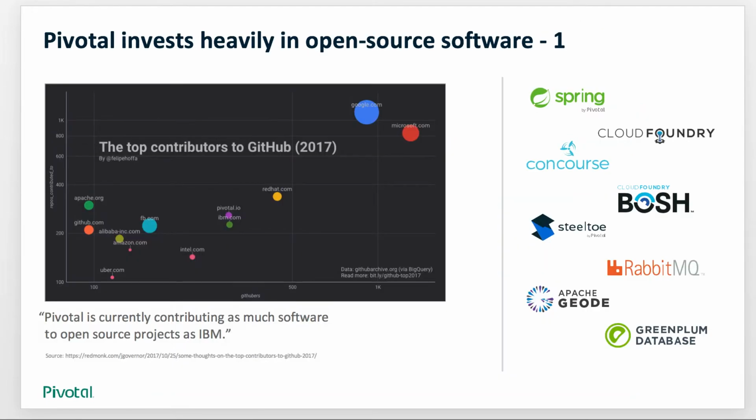And Pivotal also invests heavily in open source. If you see, we are way ahead of some companies like IBM and Intel in terms of the open source code which we are delivering to the community. In 2017 GitHub code contributions, only Microsoft and Google are ahead of us, and Red Hat is of course ahead of us, but we are ahead of Intel and IBM in many ways.